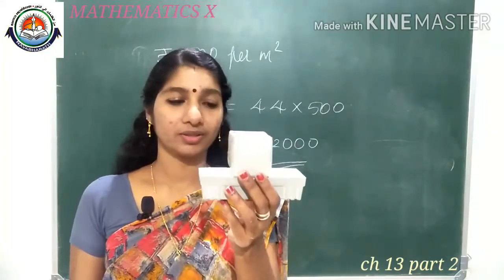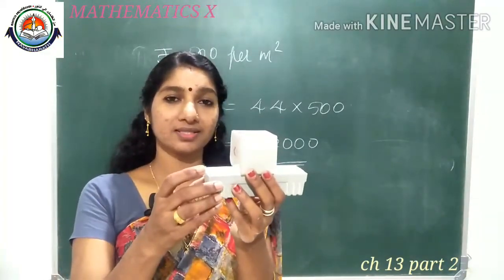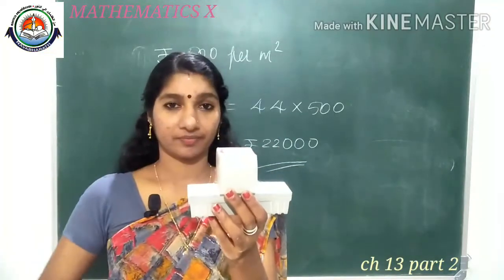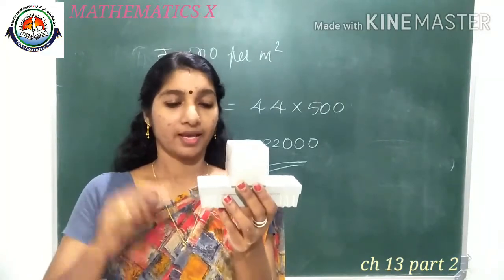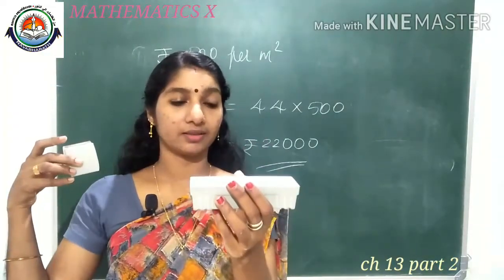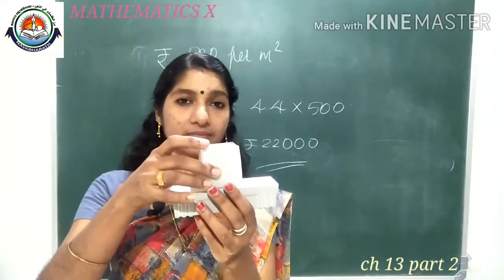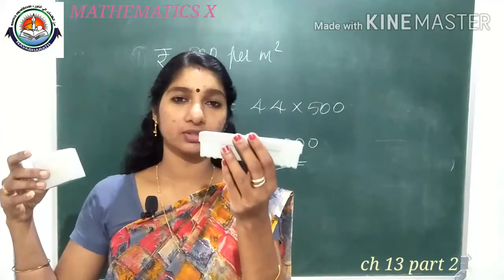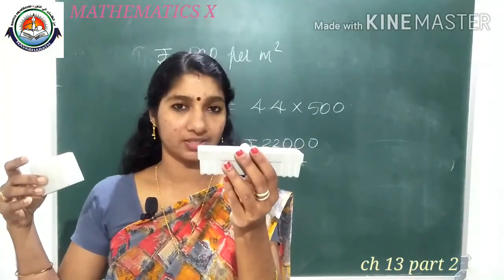See, total volume means the space occupied by this object, isn't it? So, if we are not making it like this, what will be the volume of this one? Volume of this one is equal to L into B into H, LBH.